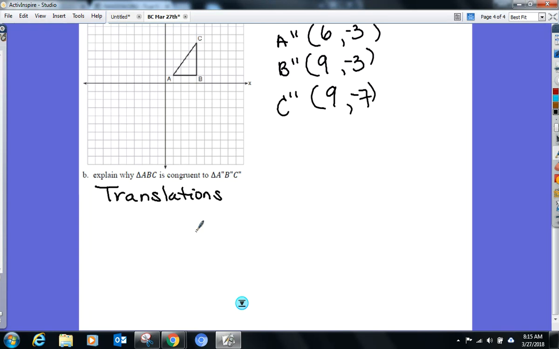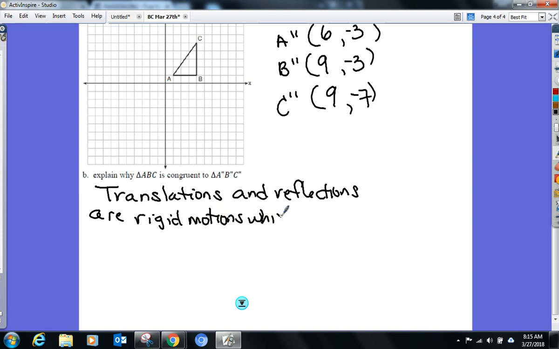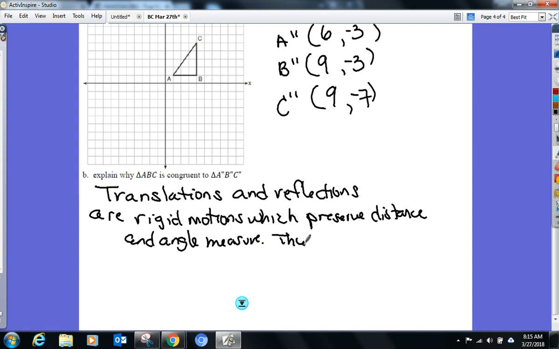Okay, so translations and reflections. What do you know about them? Yep. Both reflections and translations are rigid motions, which preserve distance and angle measure. Use thus.